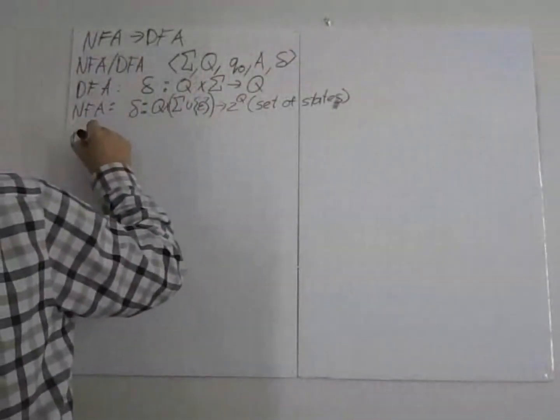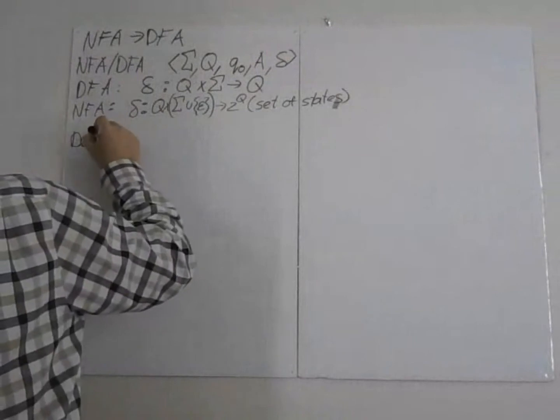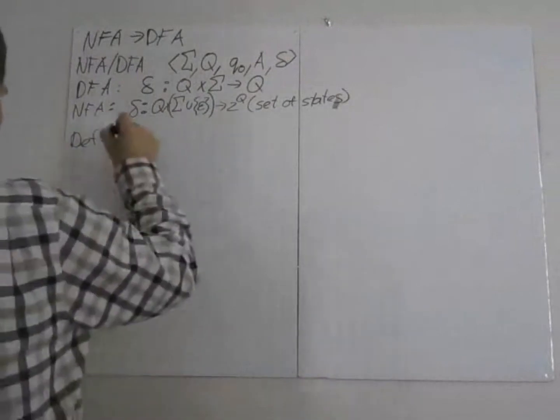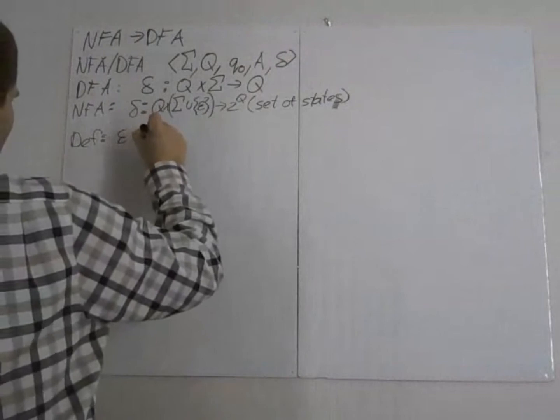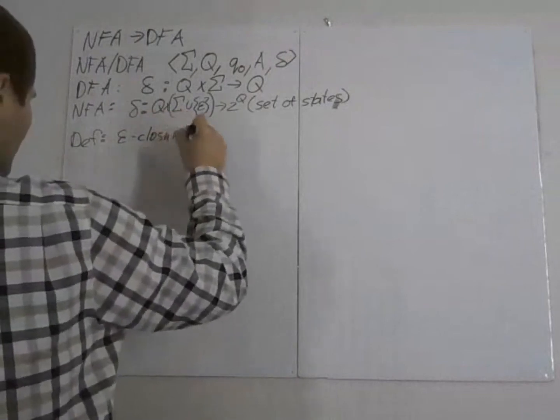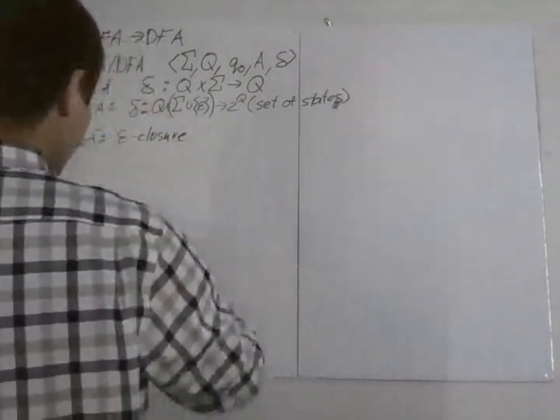Okay. So I'm going to define the epsilon closure. So the epsilon closure, and this is a function of a set of states.